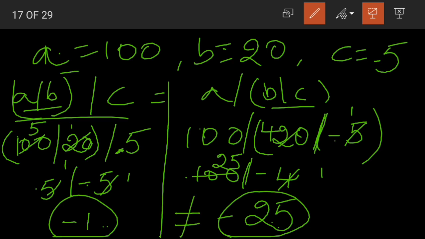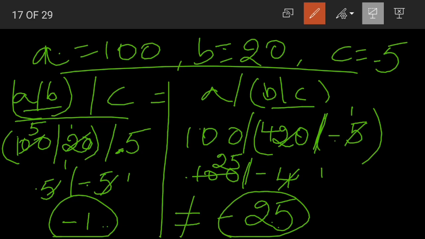Clear class? As we used 1 in the previous example, we got LHS is equal to RHS. But if we take another set of integers, not including 1, we got LHS not equal to RHS. No matter whatever integer I take, LHS should always be equal to RHS.